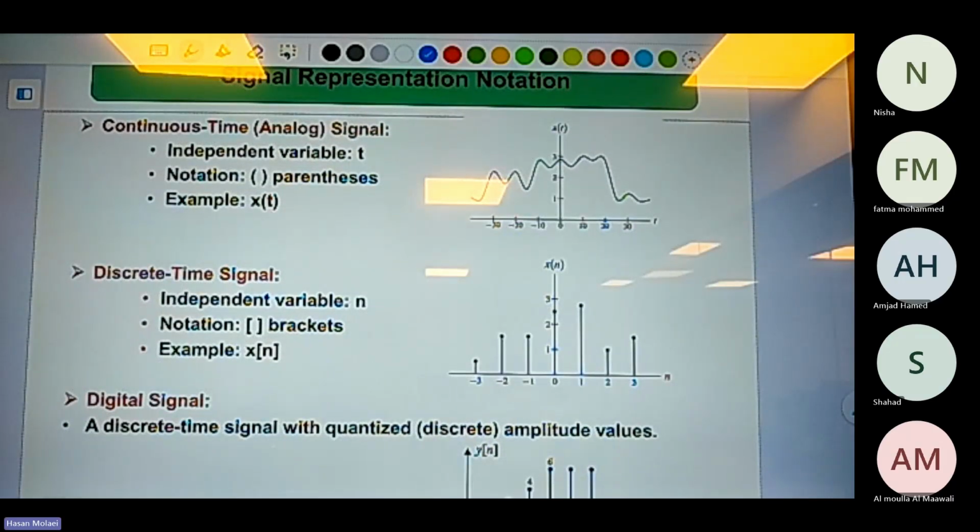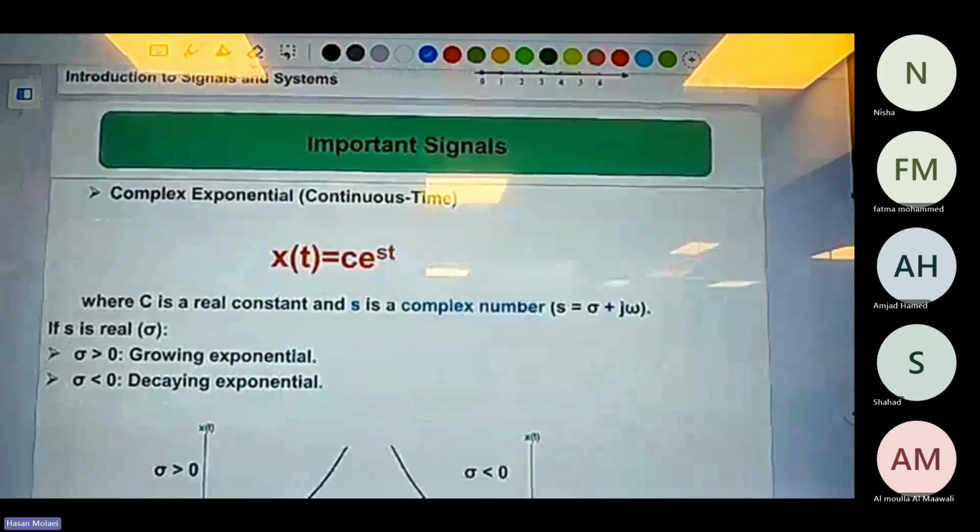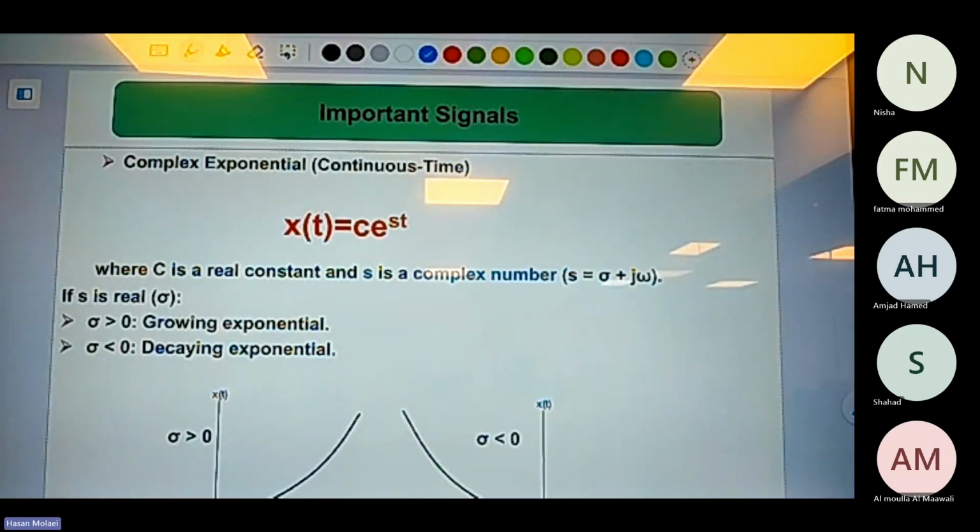Since you know all of them, right? Let's go to some important things. What is a complex exponential waveform? If we consider C a real constant and S a complex number. If S is real, if we have e to the power of 2t and e to the power of minus t, you know how to deal with this.